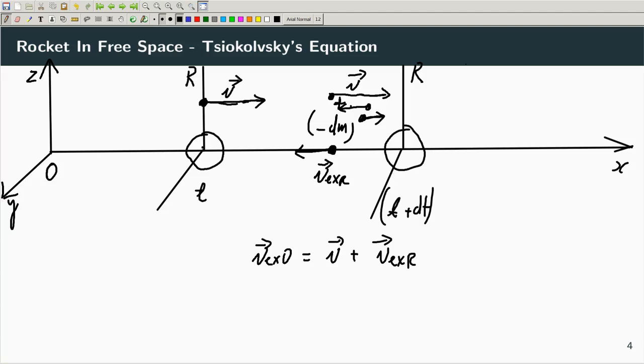So we can rearrange this equation so that the exhaust velocity compared to the rocket's frame of reference is equal to v exhaust in O minus the initial velocity.